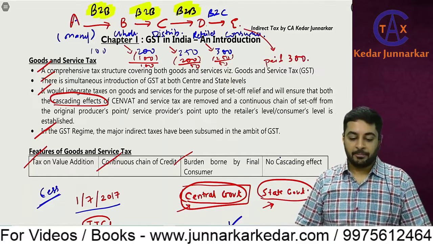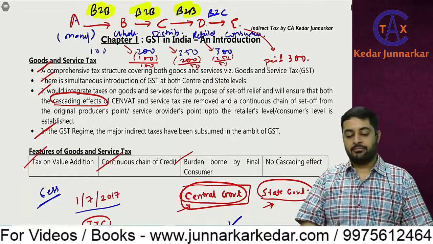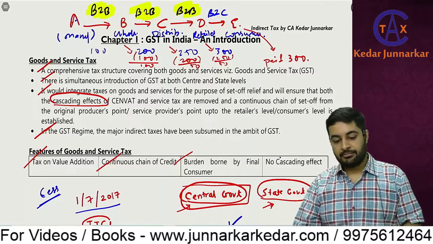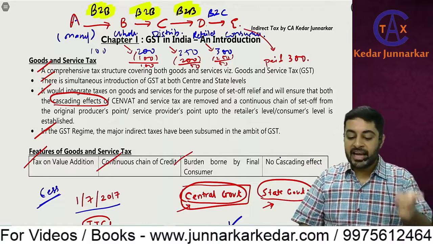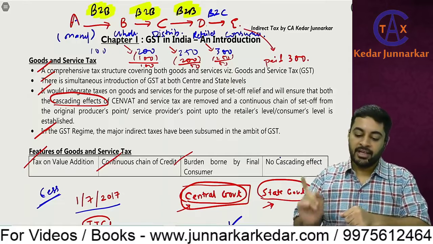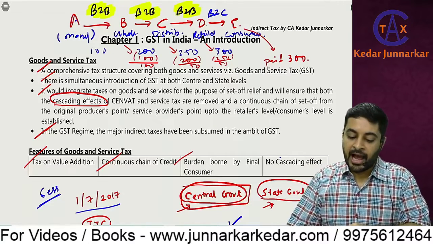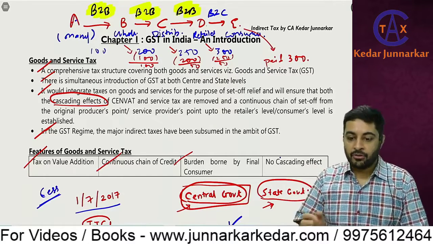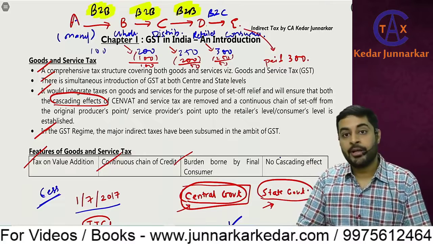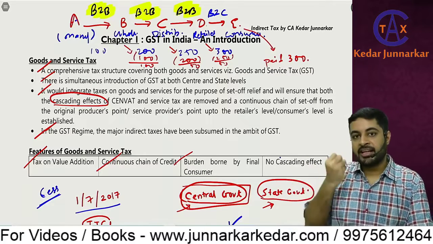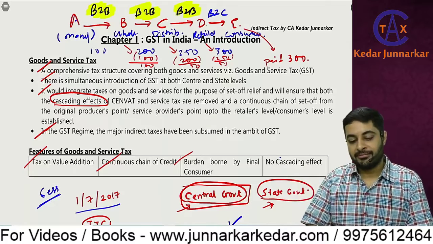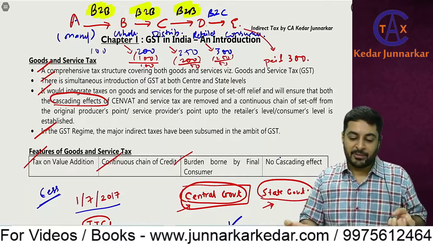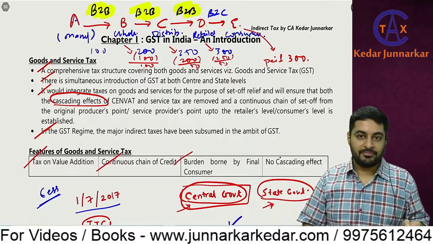I'll explain once again. A has charged tax 100. B will get the credit. B has charged tax 200. C will get credit. C has charged tax 250. D will get credit. And how much is the tax charged by D to E? 300. He will recover 300 from E. He will take input tax credit of 250, which is the tax on purchase, and net he will pay to government.